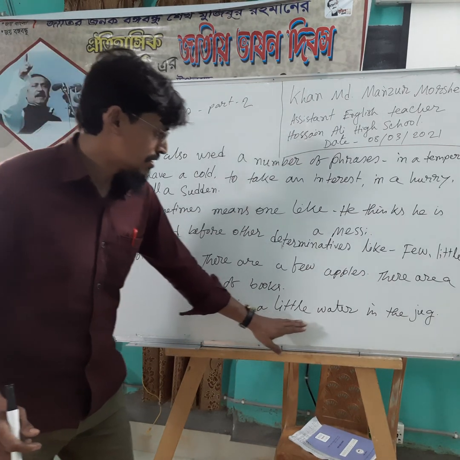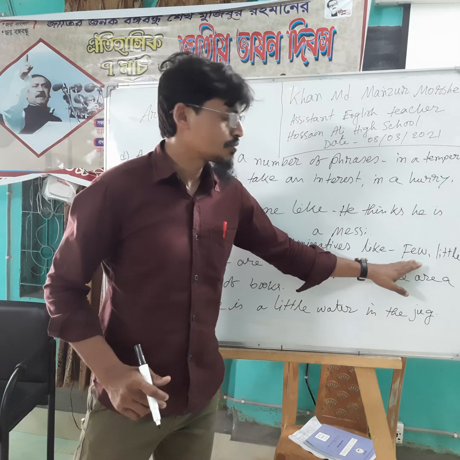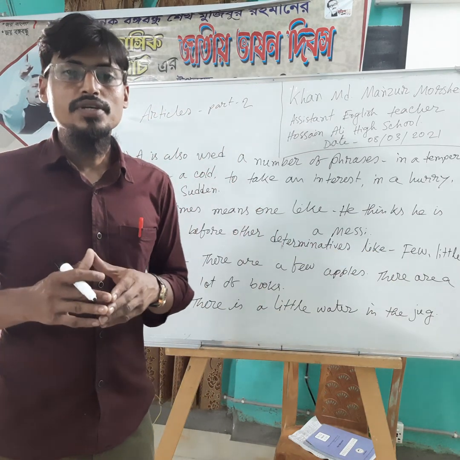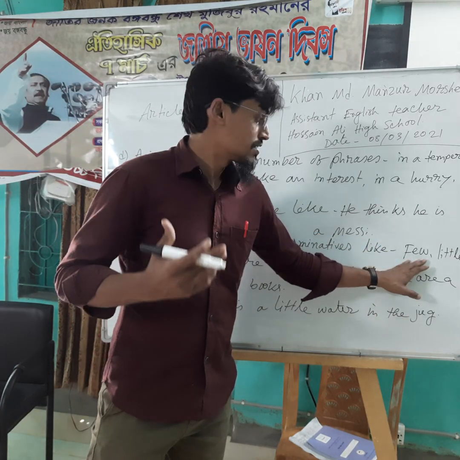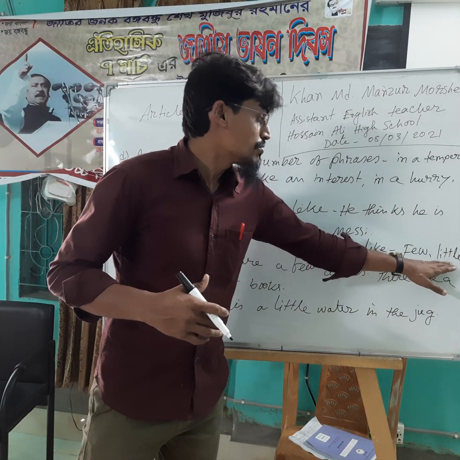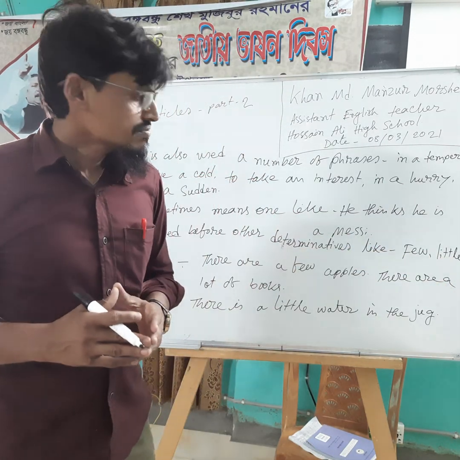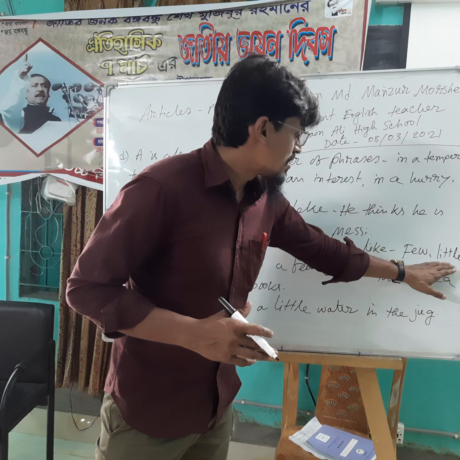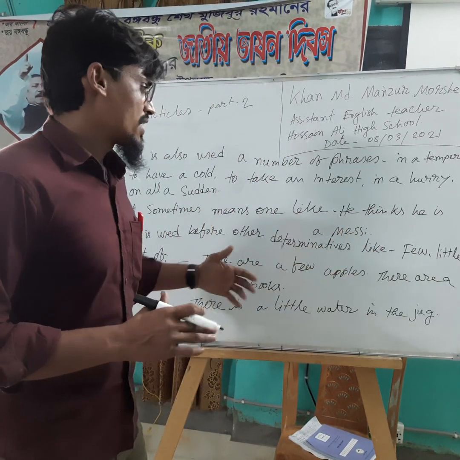There is a little water in the jar. So when you say few, it is a negative word. Little, when you use little without article a, it means a different word. It means there is nothing.